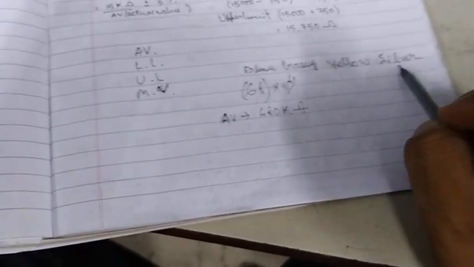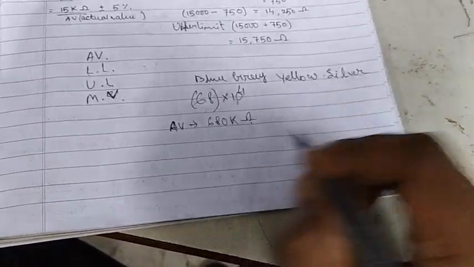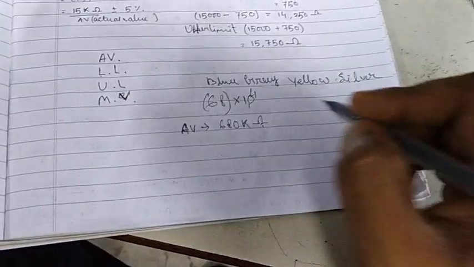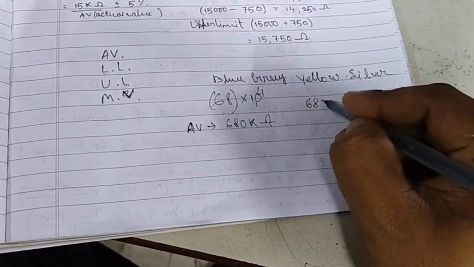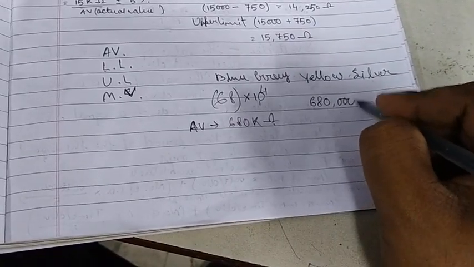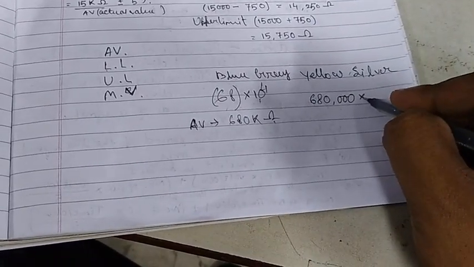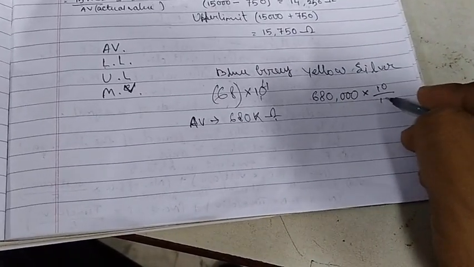Now if the tolerance is silver, then the value of the tolerance will be 10%. So 680, 10% means 10 by 100.